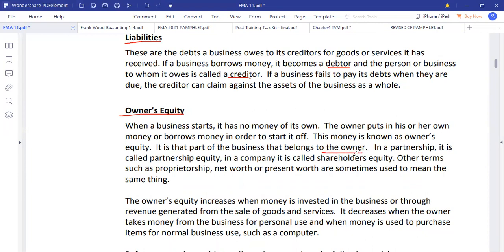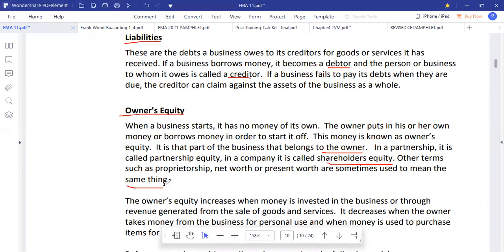In a partnership, it is called partnership equity. In a company, it's called the shareholders' equity. In other terms, for a sole proprietor, we can call it the present worth or the net worth. All these mean the same. So the money that we start with is simply equity.